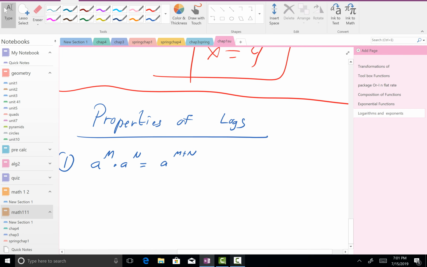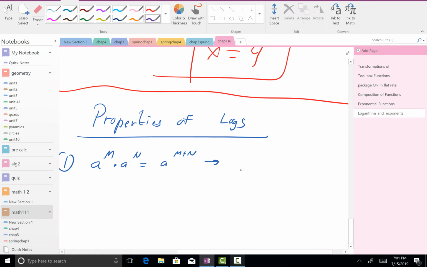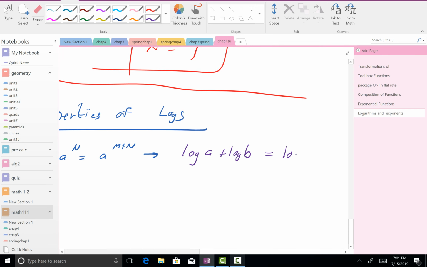Since a logarithm is an inverse of an exponential, we can write this in a log. So if we go log of a plus the log of b, that is equal to the log of a times b.